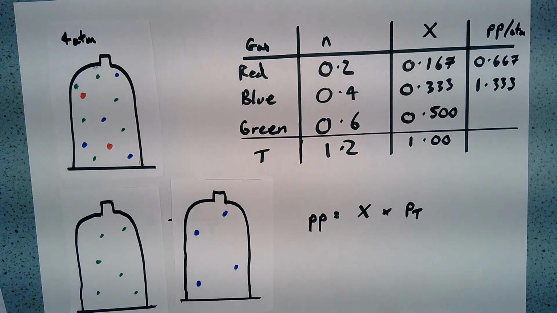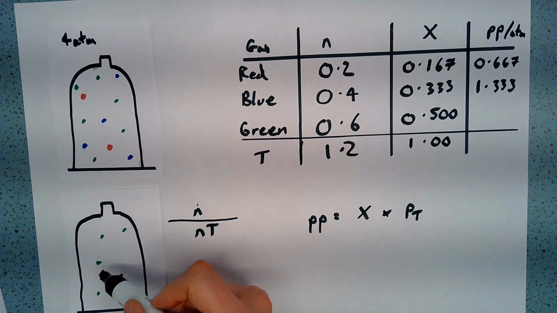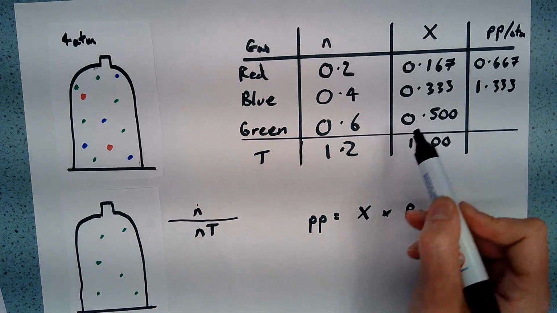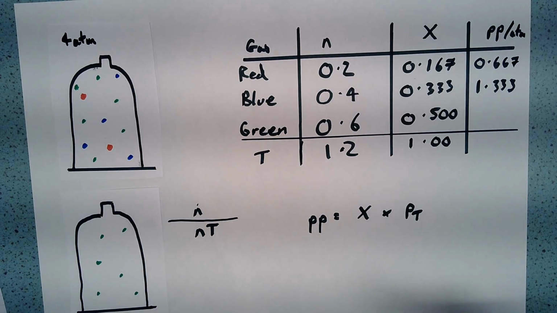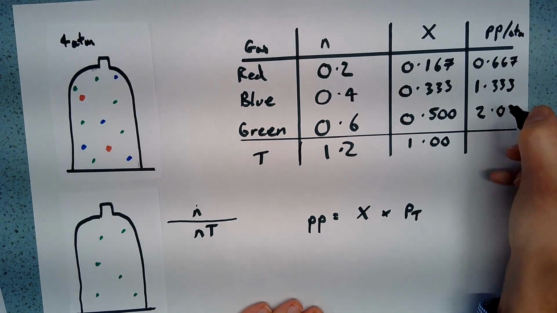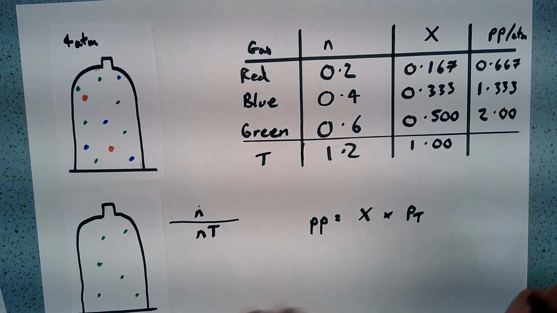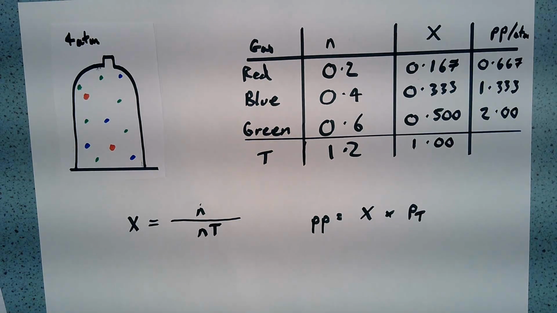And then finally, if we take our green particles, half of the particles were green, so half of the pressure is due to green, and therefore that's going to be half of 4.